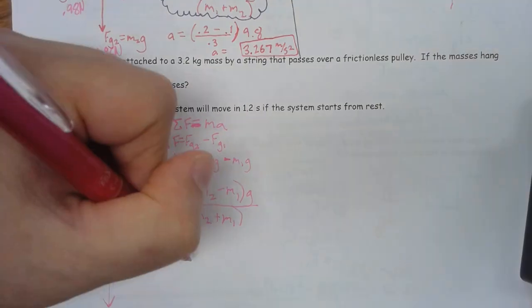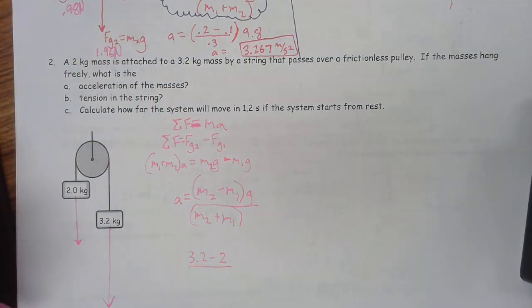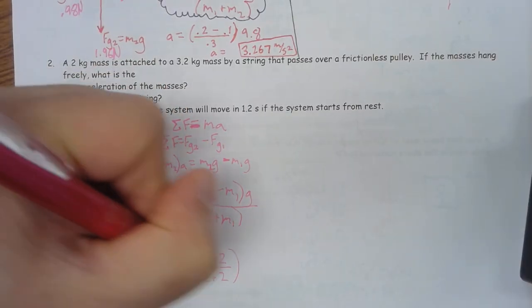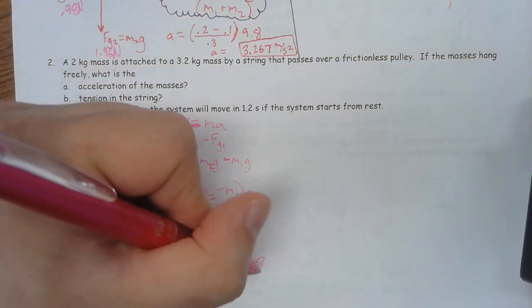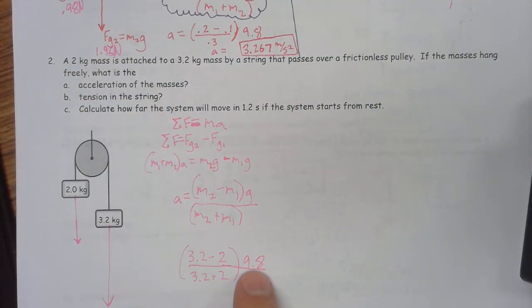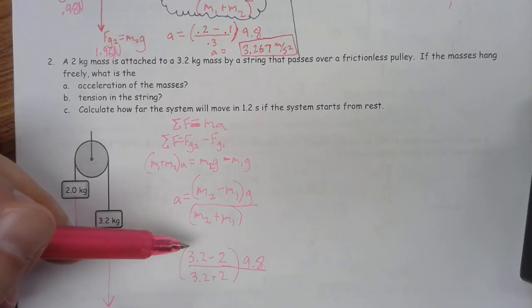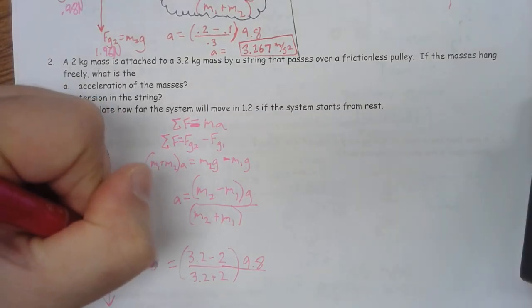Right here we can start plugging things in. 3.2 minus 2 over 3.2 plus 2 times 9.8. Again, all of this numerator is the opposing forces, and the denominator is the total mass. So forces divided by masses gives you your acceleration.